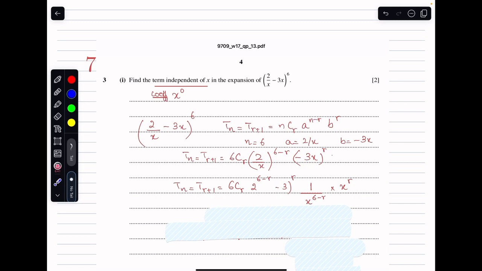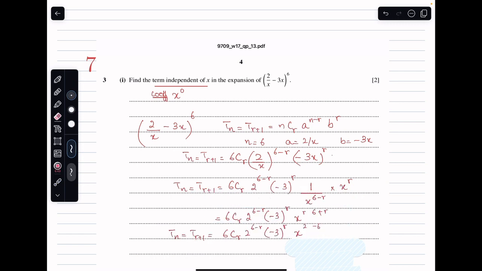Taking all the values on one side, this shall be equal to 6Cr into 2^(6−r) into (−3)^r, and then solving for the variable x, this x^(6−r) in the denominator, so it's 1 upon x^(6−r), into x^r here.